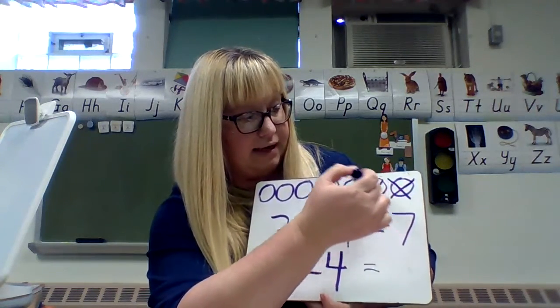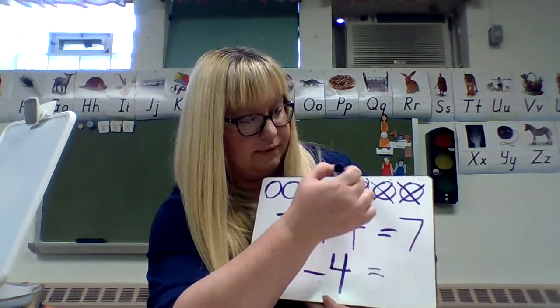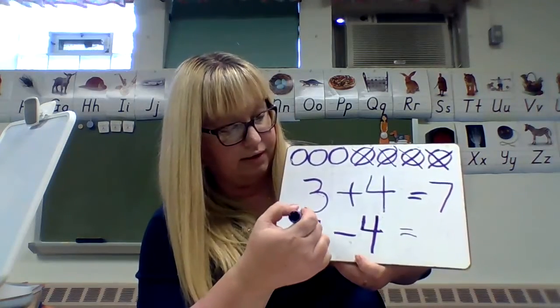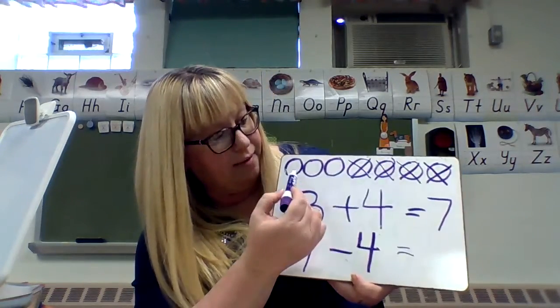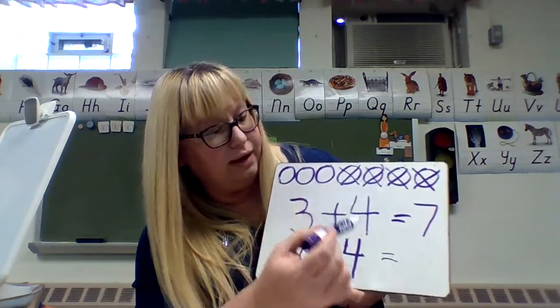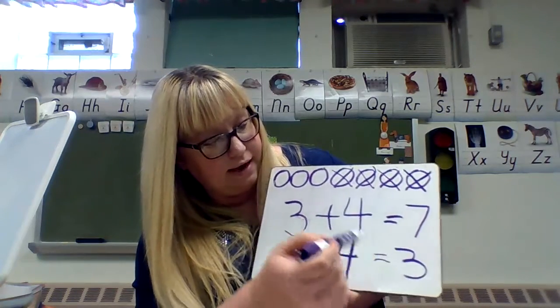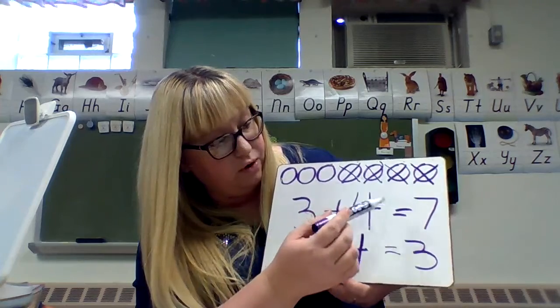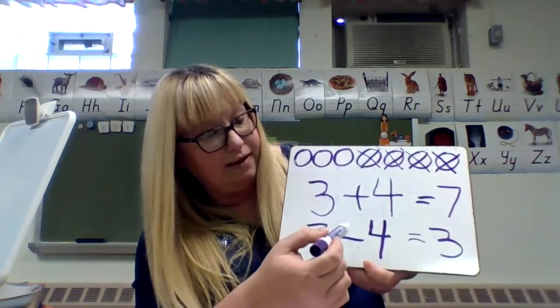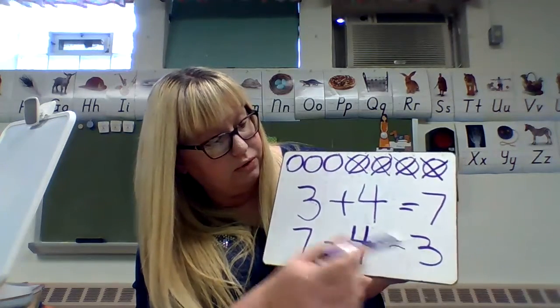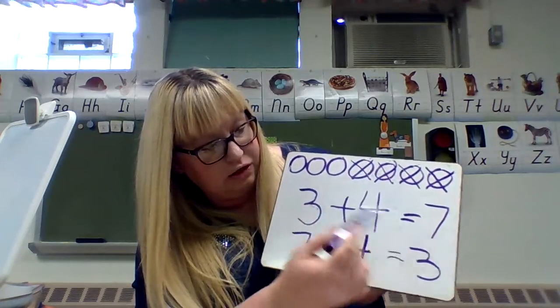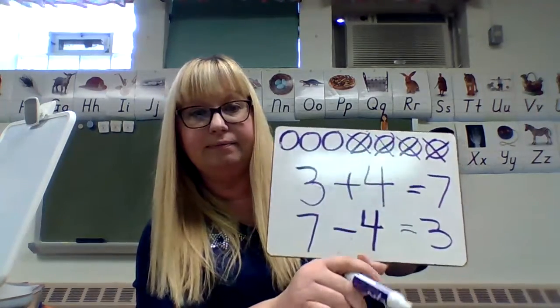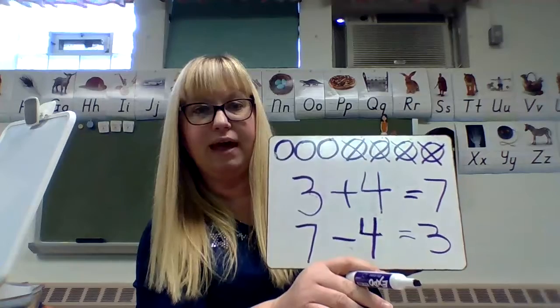So we're taking out 4 of them. He ate 4 of his chocolate chip cookies. How many are left? 1, 2, 3. See, so now we have 3 plus 4 equals 7. 7 minus 4 equals 3. It's kind of you're just swapping them in places. See that? That's how you figure that out.